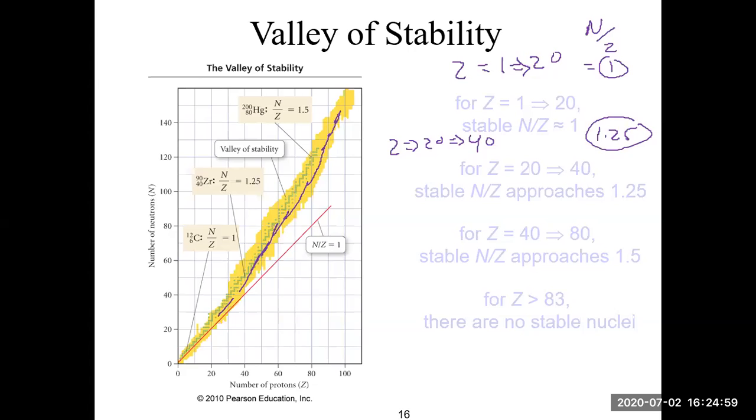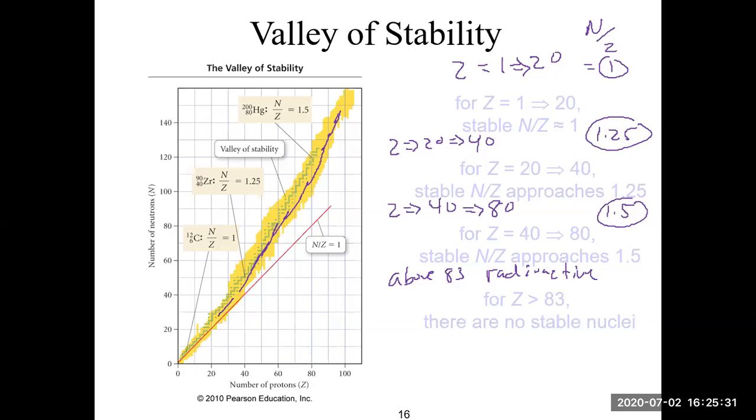And if you have one that goes from an atomic number of 40 to 80, the acceptable ratio is 1.5. And pretty much anything above 83 is going to be radioactive, so you don't have to worry about it. So these are the cutoffs that we can use when calculating the N to Z ratio to determine whether or not it is going to be stable or unstable.